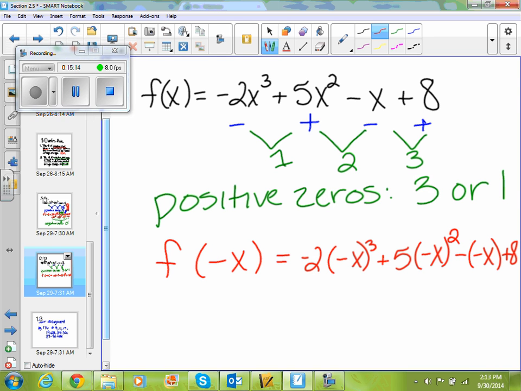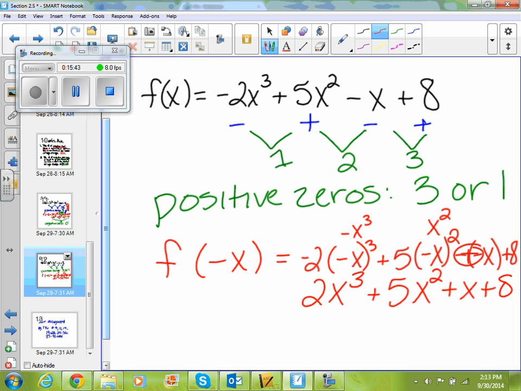Well, negative x cubed stays negative x cubed, and negative 2 times a negative becomes positive 2x cubed. Negative x squared becomes positive x squared, so I end up with 5x squared. And then the negative times the negative gives me a positive, so this becomes plus x plus 8.